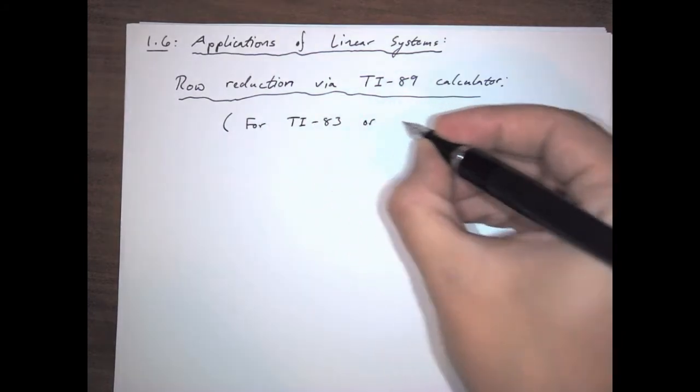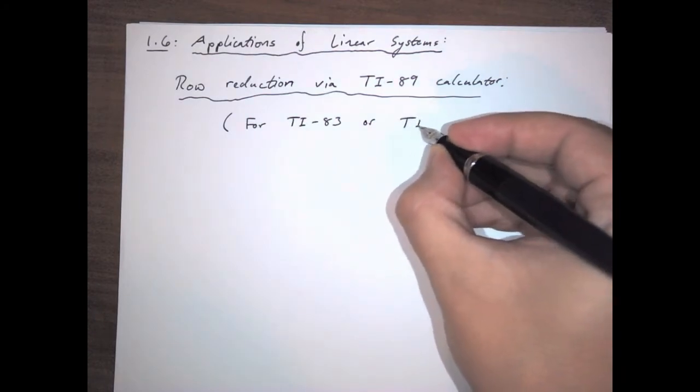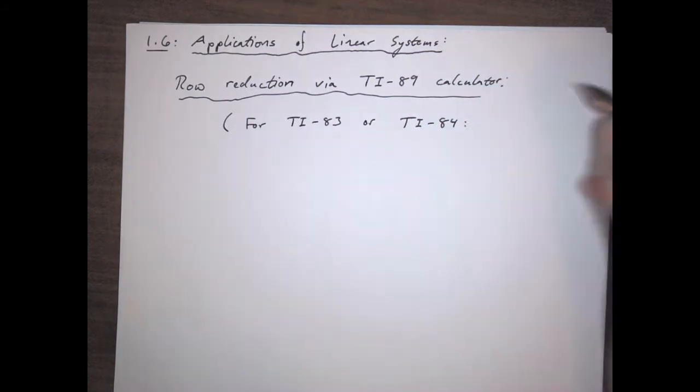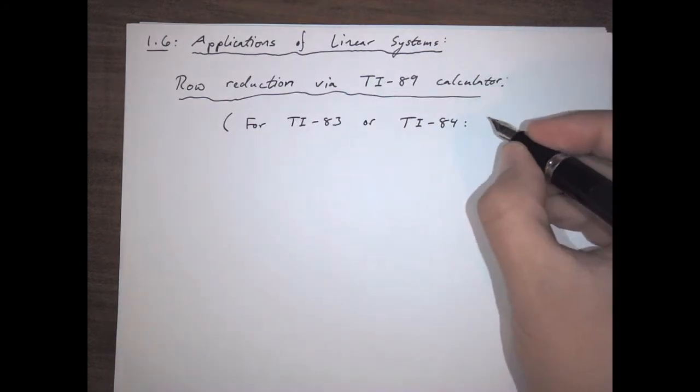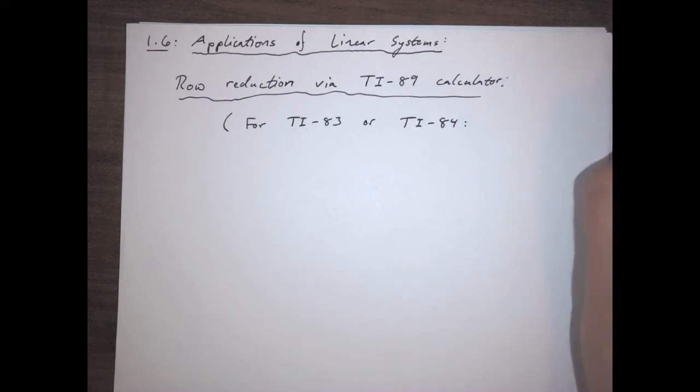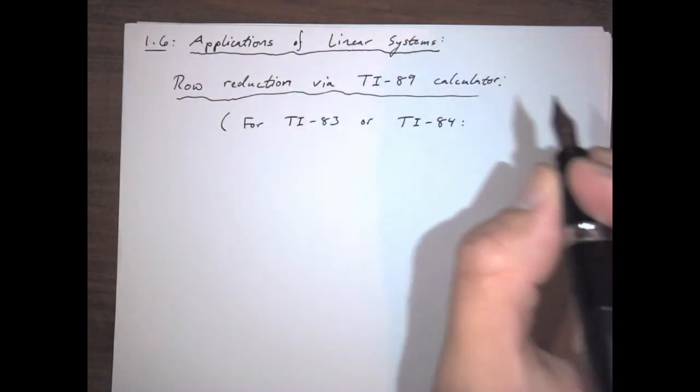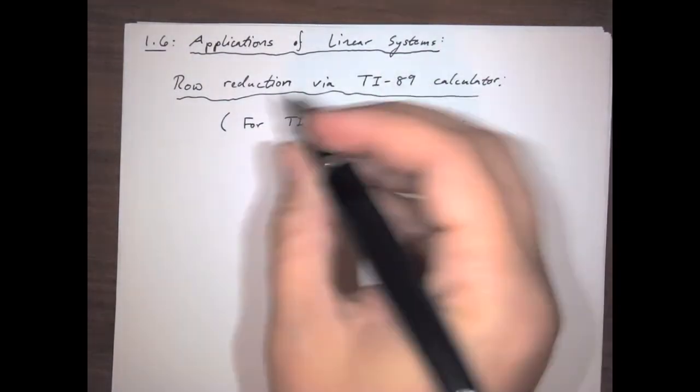There's a little web page under Math Boot Camps that gives a very good step-by-step explanation of how to do row reduction on a TI-83 or 84 style calculator. It's the same in both.